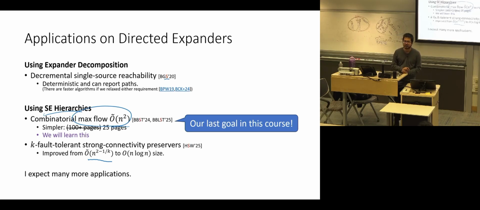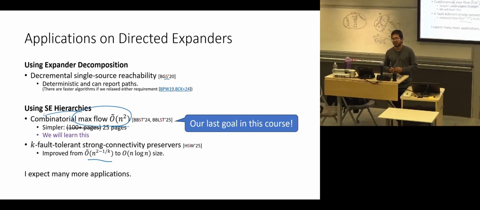Questions? I'm curious if there's anything like tree flow sparsifiers. Great question. One can prove that tree flow sparsifiers don't exist for directed graphs. But the BSE hierarchy exists.